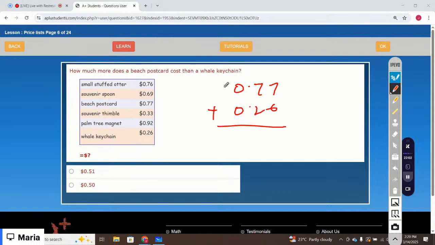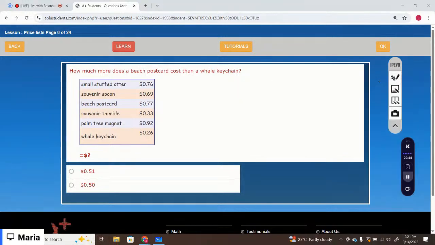So you don't just add, because you need to calculate how much more. So you have to subtract. 7 take away 6 is 1. 7 take away 2 is 5. So that is $0.51. Option number 1 is the correct option.